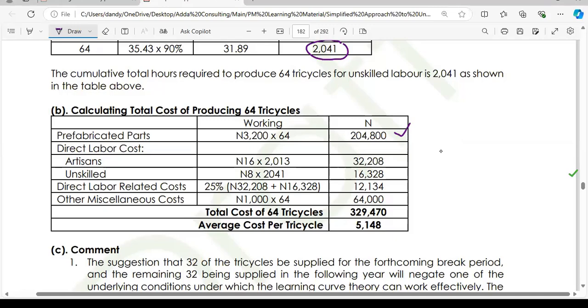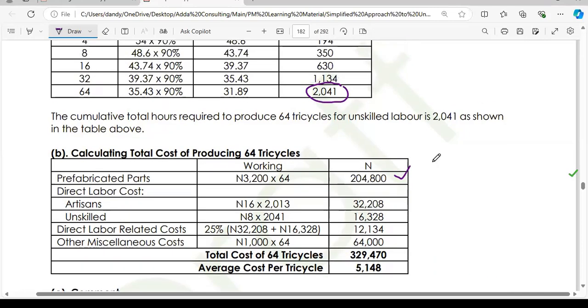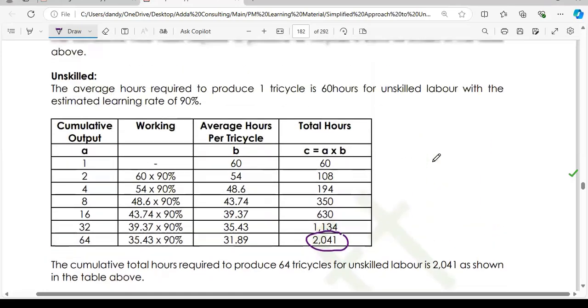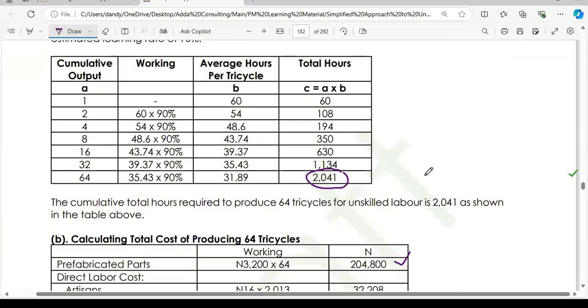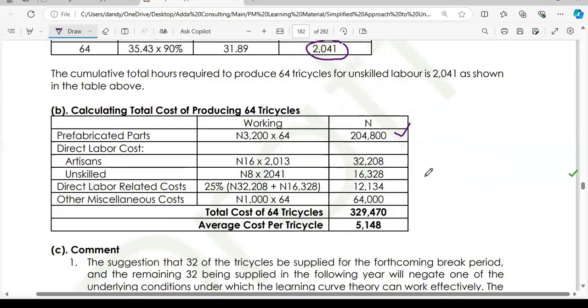Then I need to determine the labor cost. The direct labor cost for artisan, the total hours required to produce 64 tricycles is 2,013. That's the 2,013 you have here. So I'll multiply with 16 naira. Again, the total hours required to produce 64 tricycles for unskilled is 2,041.